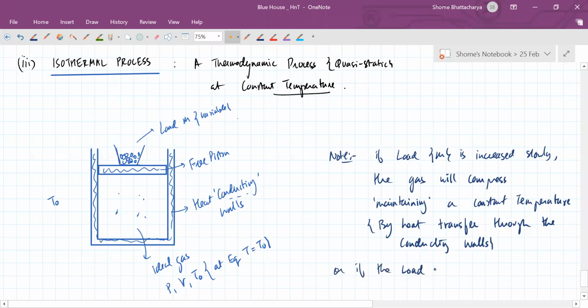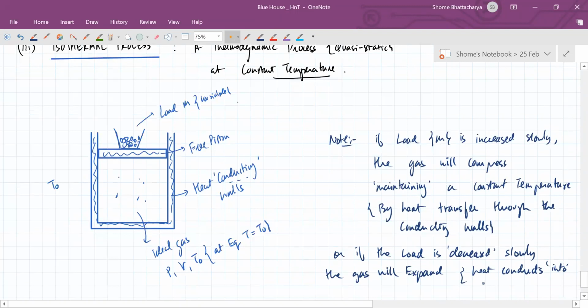if the load is decreased slowly, the gas will expand, but this time heat conducts into the gas, maintaining constant temperature.